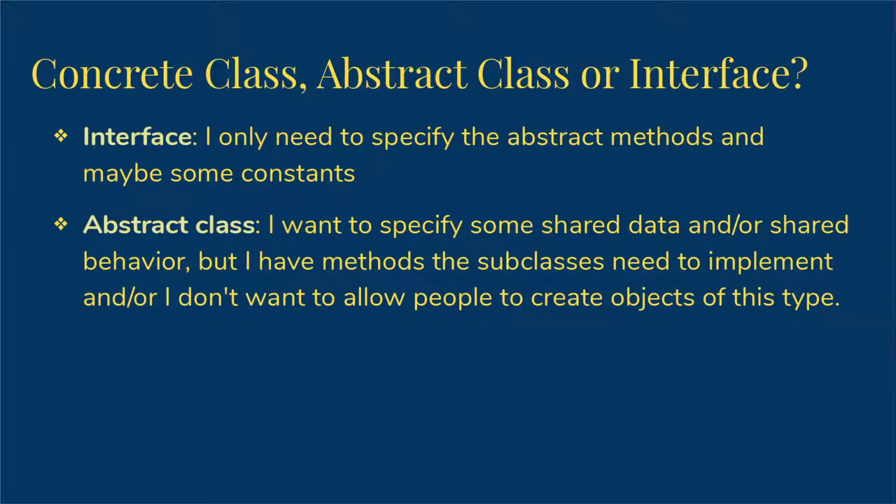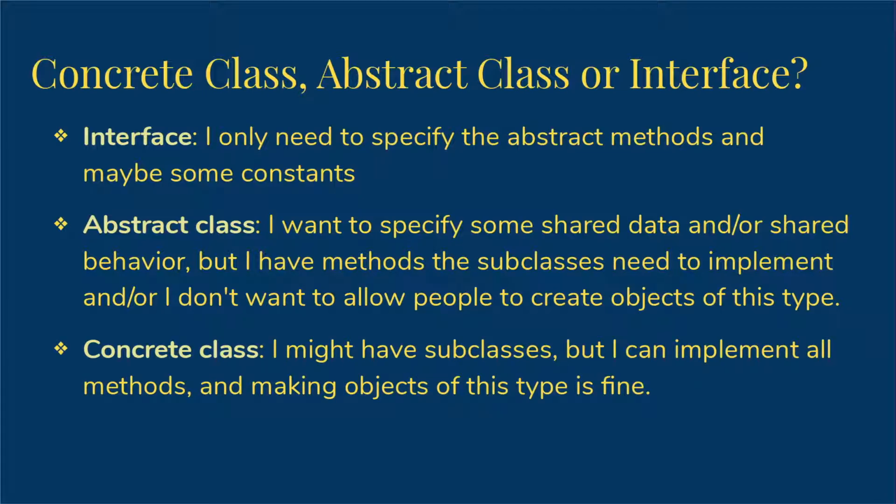But if I don't make the method abstract, then the subclasses may choose not to implement it. Whereas if the method is abstract, then the subclasses have to implement it or be abstract. I also want to pick an abstract class if I just don't want to allow people to create objects of this type. They need to make objects that belong to the subclasses, not to this class.